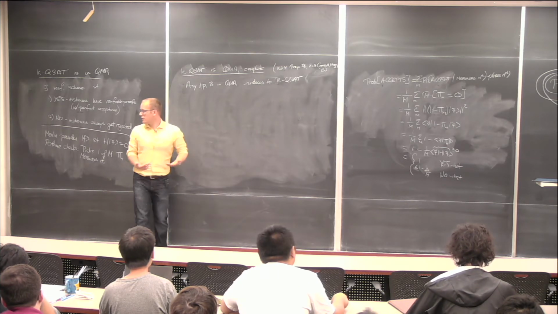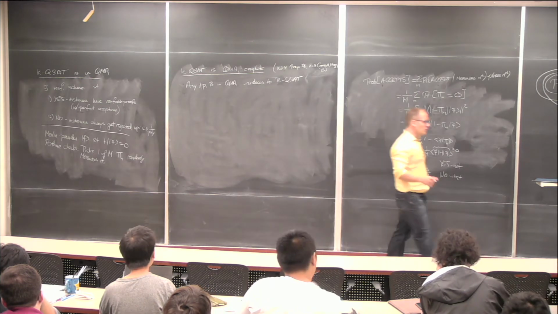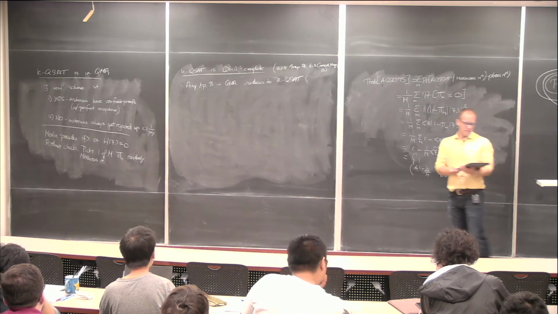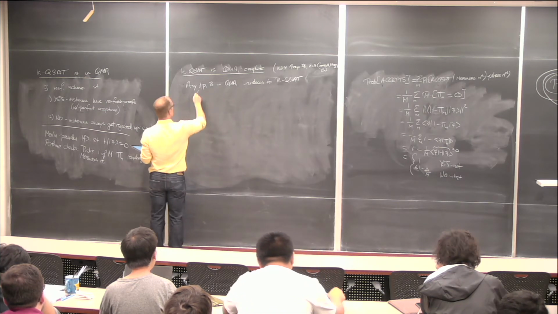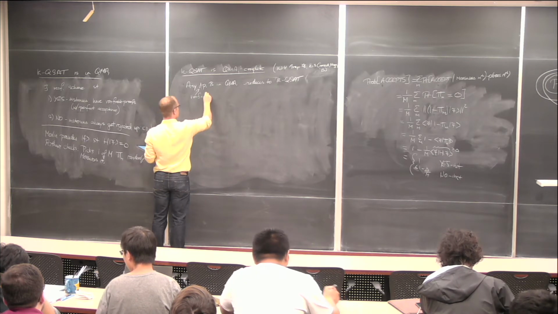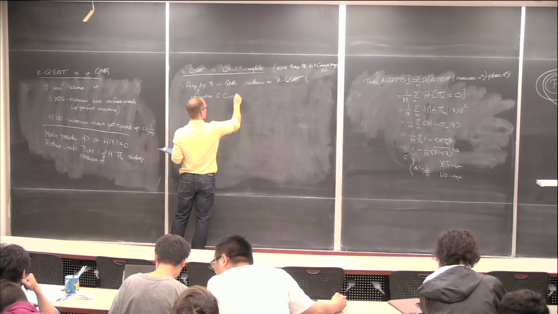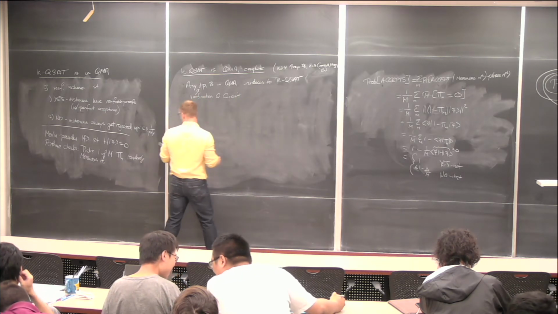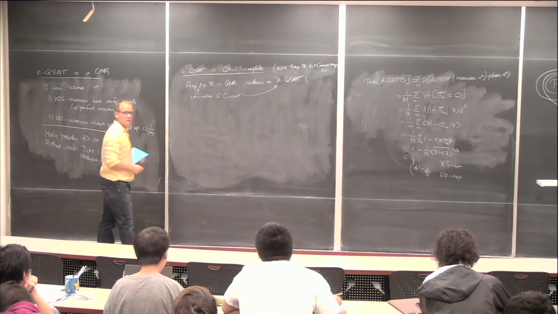So somehow I want to do the same thing here. But it's a little more complicated. So again, I'm going to take the verification circuit, but now it's a quantum circuit, and reduce it to KQSAT somehow.